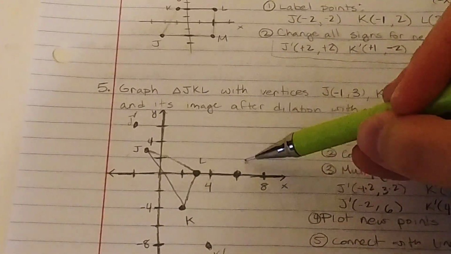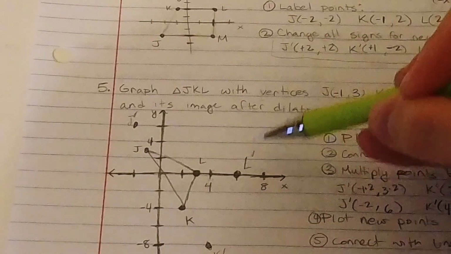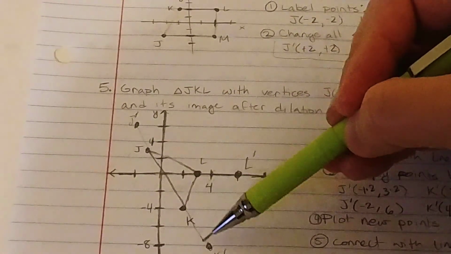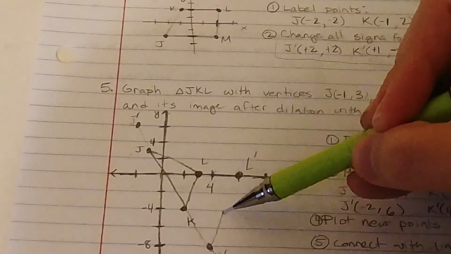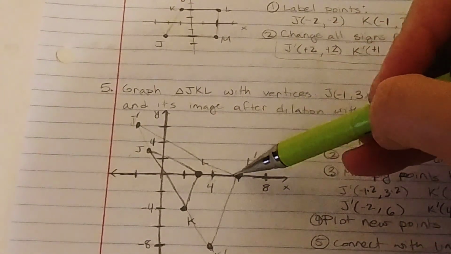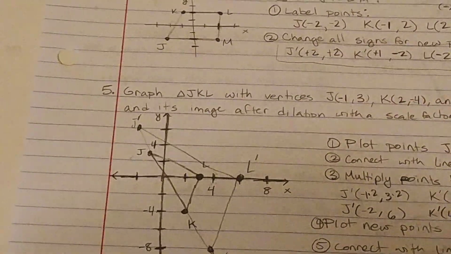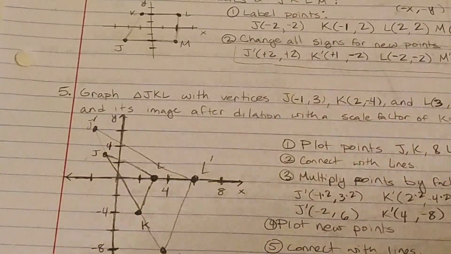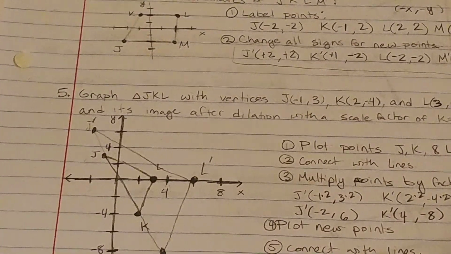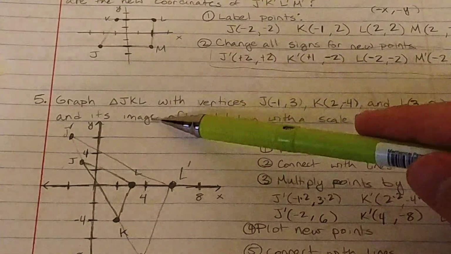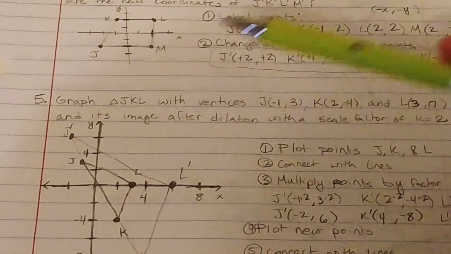And that's it. And then connect. And there we go. I'll connect the points with a line. That's it. And that's all. Graphing JKL with its image.